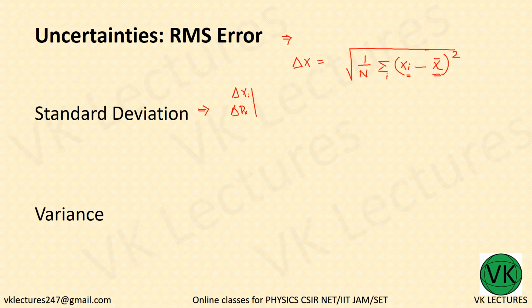This is the average value, x bar, whole square. Now this uncertainty is also called the RMS value or RMS deviation of any physical quantity.